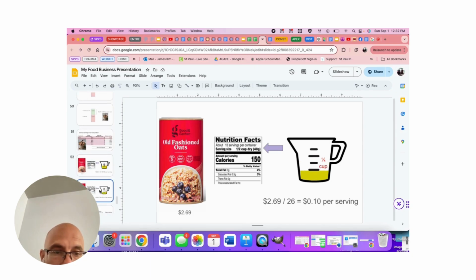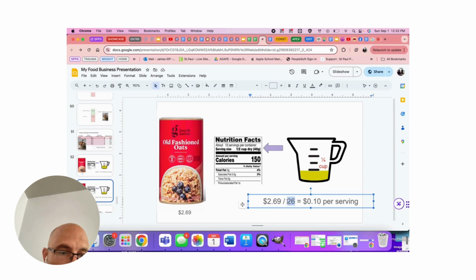Well, the problem is that I only use a quarter cup for my recipe. So I use a quarter cup, which is half of that half cup. All that means is I get more servings out of this. And because I'm using half, I just take that 13 and double it. So now I can get 26 servings out of here.